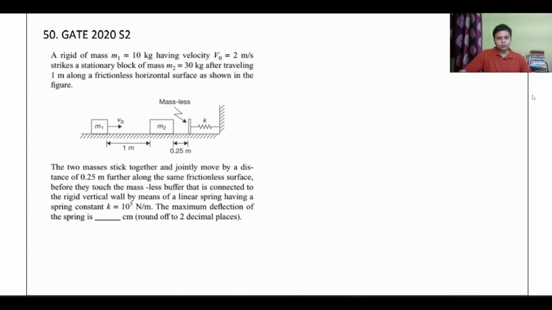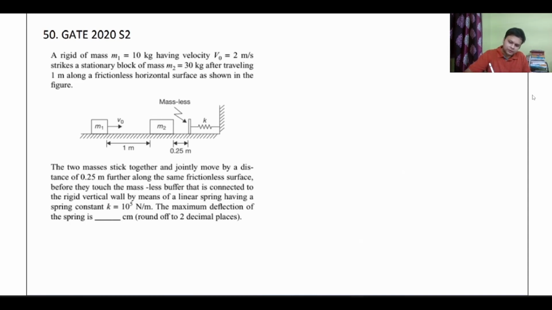The two masses stick together and jointly move by a distance of 0.25 meter further along the same frictionless surface before they touch the massless buffer that is connected to a rigid vertical wall by means of a linear spring having a spring constant k equal to 10 to the power 5 Newton per meter. The maximum deflection of the spring is? Simple, conceptual question, right?